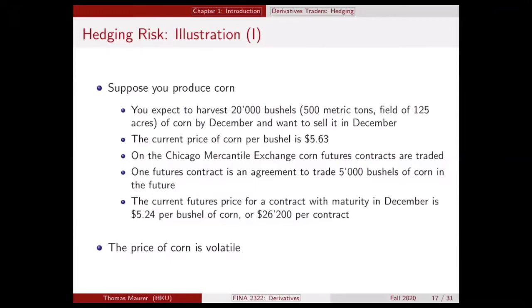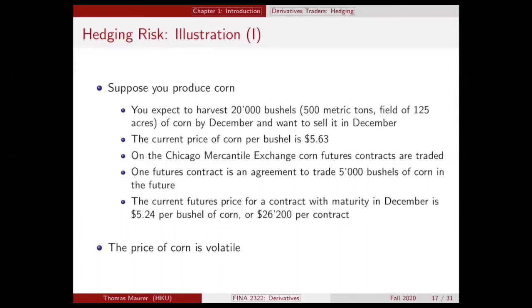Let's suppose that the current price of corn is $5.63 per bushel. And you know that on the Chicago Mercantile Exchange, you can actually trade corn futures, or equivalent to forward contracts, to lock in the price at which you can buy or sell corn at the future date, or in particular with a maturity in December.